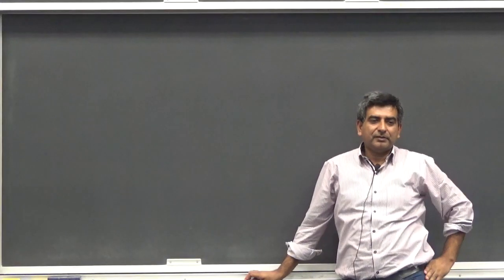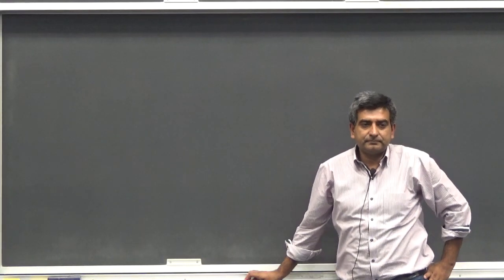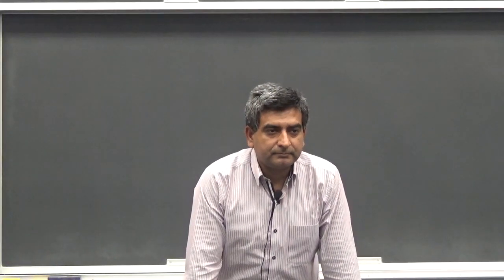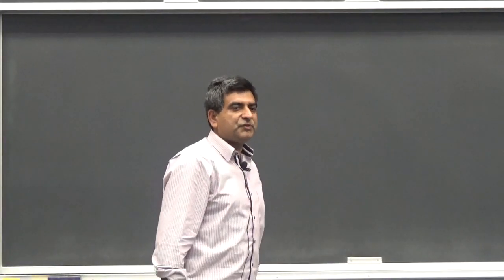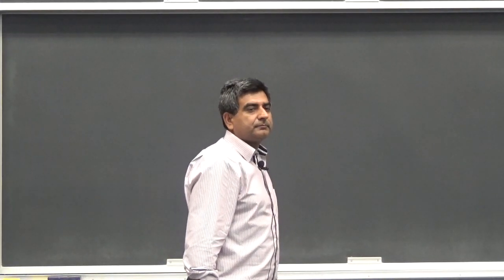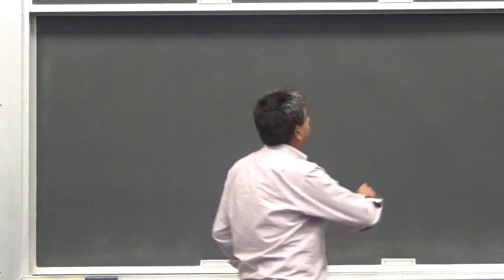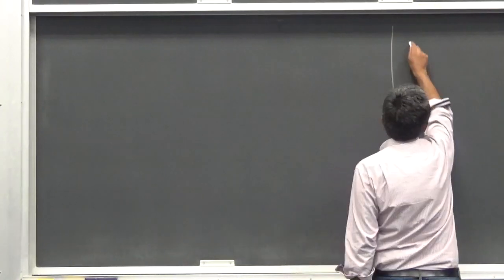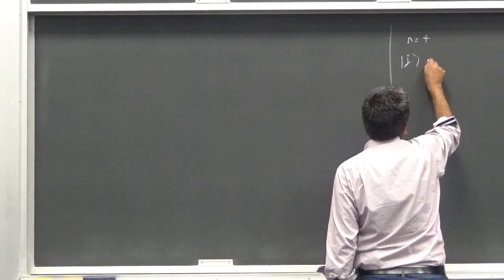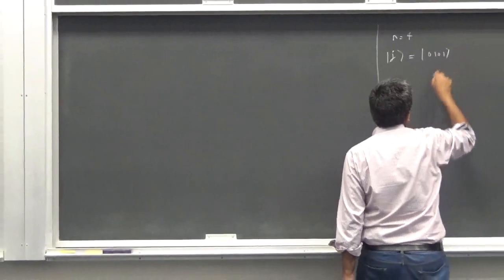Yes? Please? Sir, if we have a 4-qubit state, and for example we have 0, 1, 0, 1 and 0, 1, 1, 0. So if I then find out the numbers for the binary form, they turn out to be the same using this formula, I guess. How do I distinguish? So let's look at this. I have n equals 4 and one of my j's is the following: 0, 1, 0, 1.